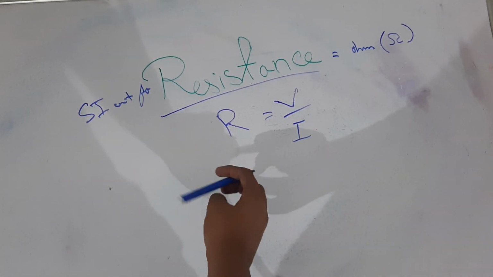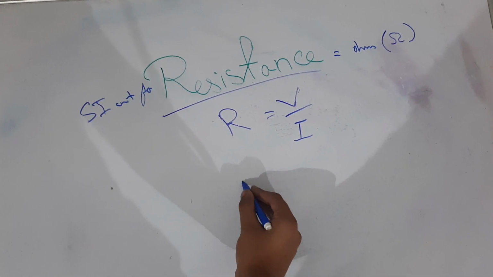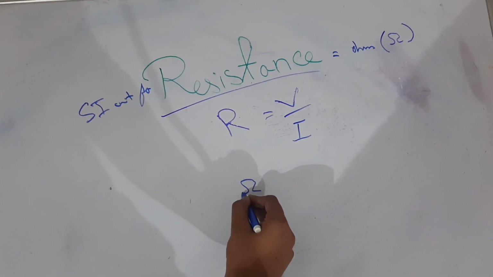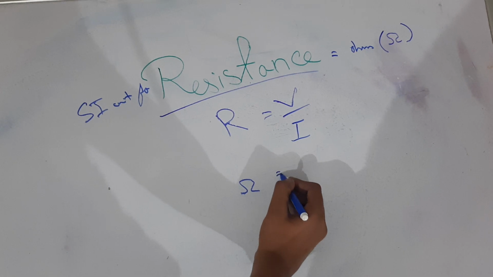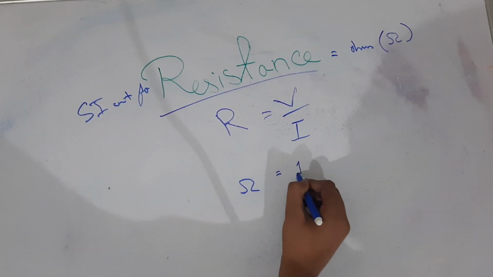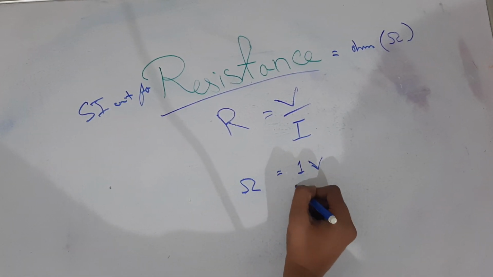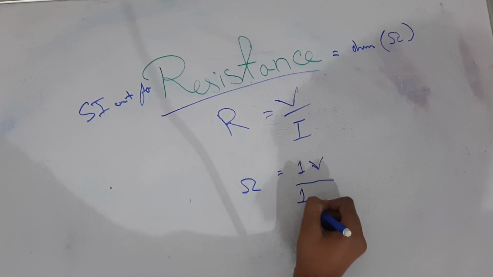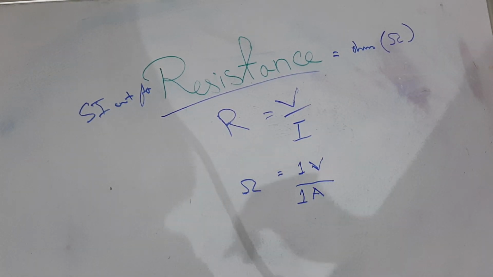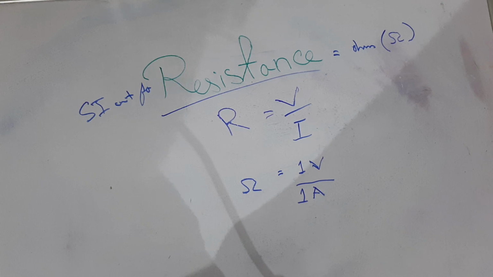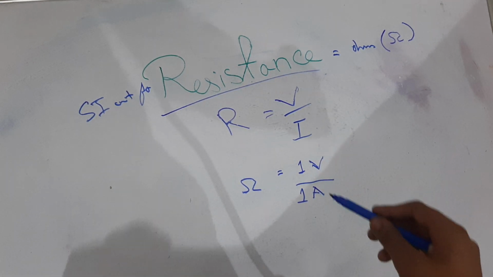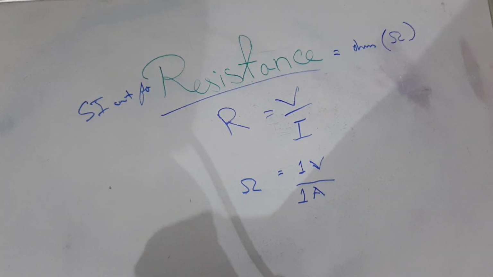Here you can see R, that is ohm, 1 ohm. So 1 ohm is equal to 1 volt by 1 ampere. So if you are asked what is 1 ohm, you can say that it's volts per ampere.